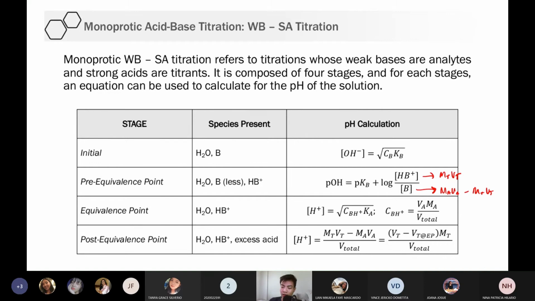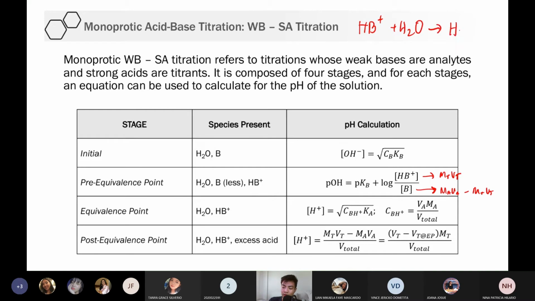How pala? If you react the conjugate acid with water, ano mapaproduce natin? H3O+. We have an acid. And since we produce an acid, this is Ka expression. Okay? So, ganun.